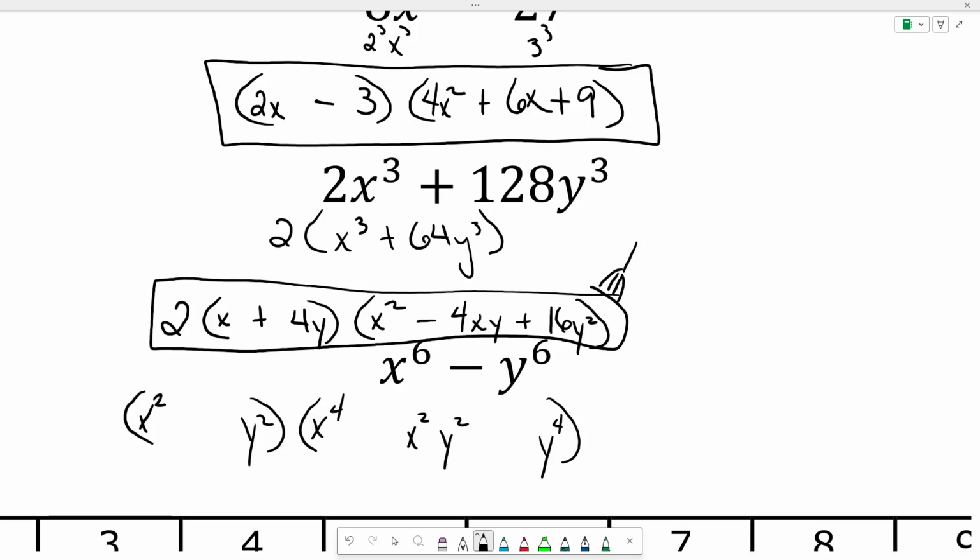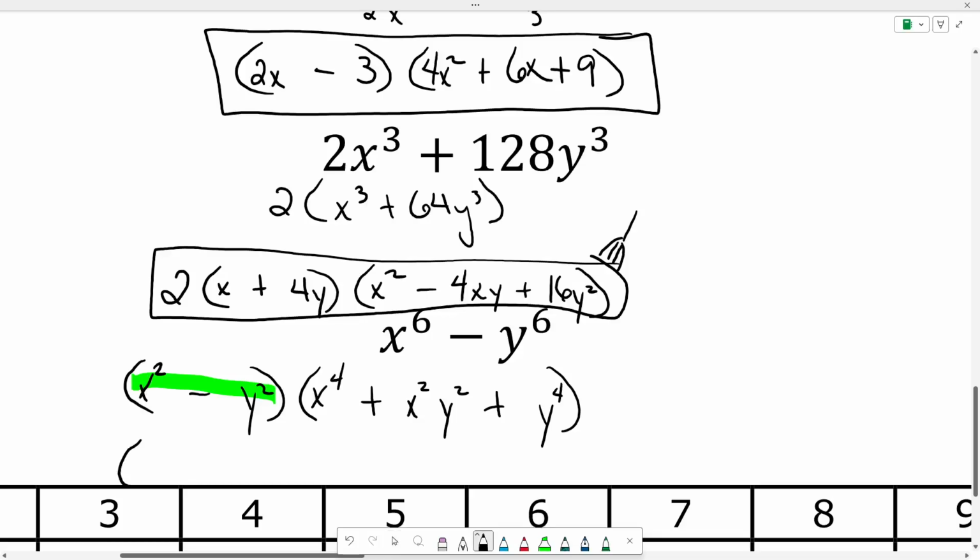Apply my soap to it, a minus, a plus, and I'm not done yet because it's not factored completely. This piece right here is a difference of squares. We know how to separate that one out. And remember, we always got to keep them separated.